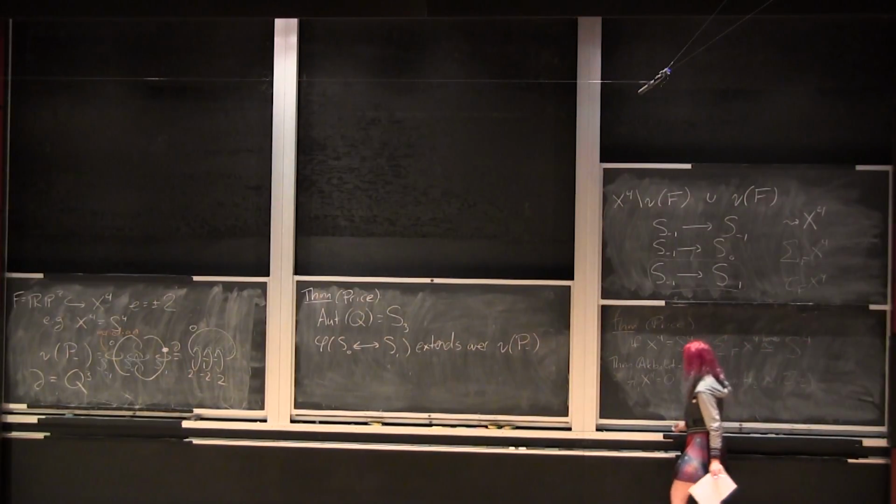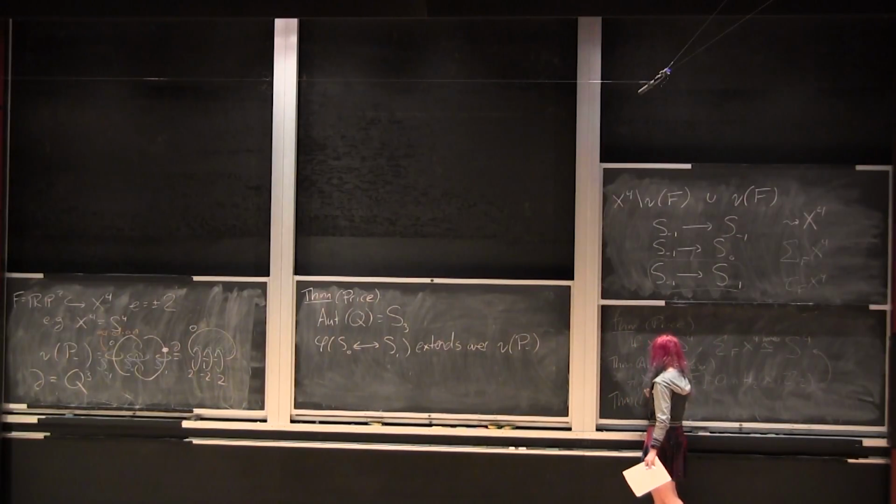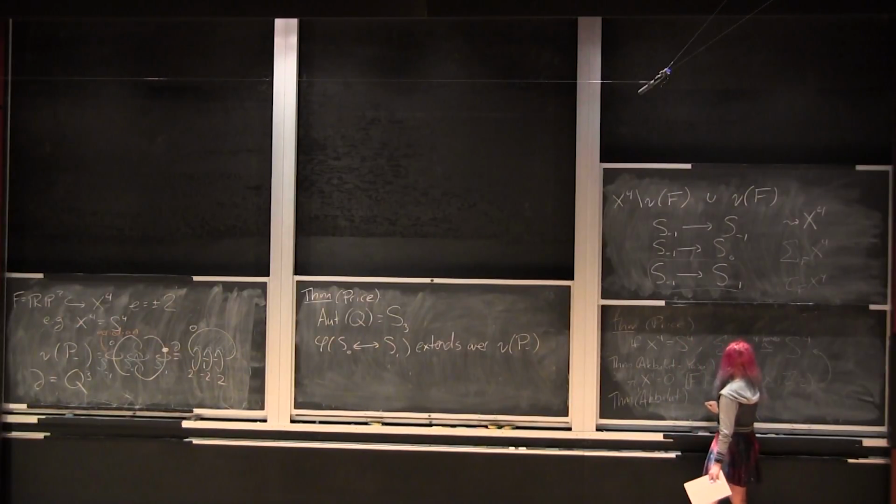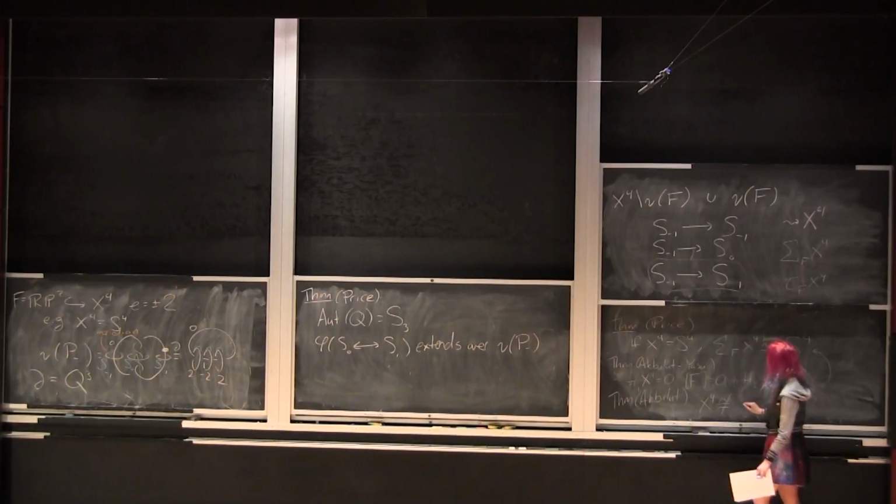But in particular, he has explicit examples where the smooth structure really does change. So he has some example where X4 is not diffeomorphic to sigma.